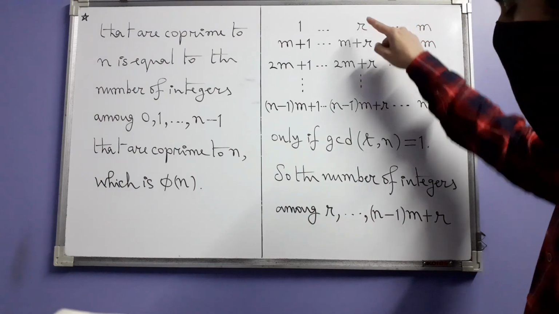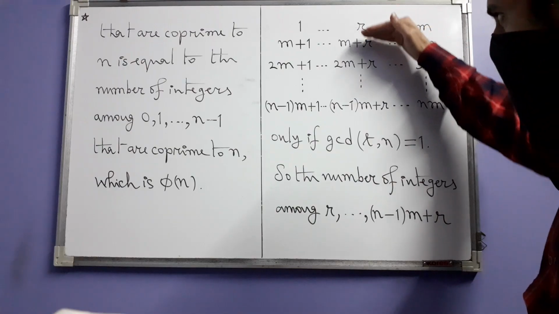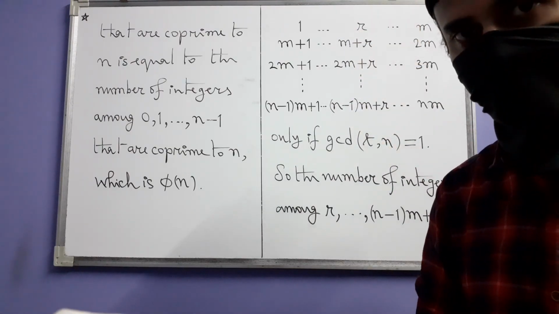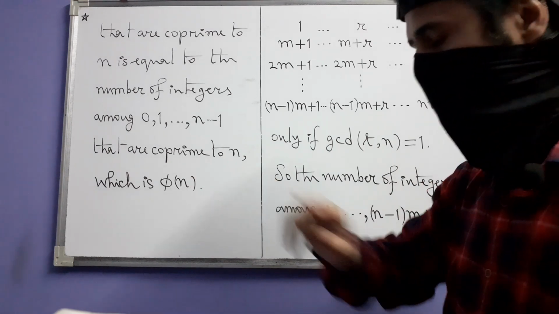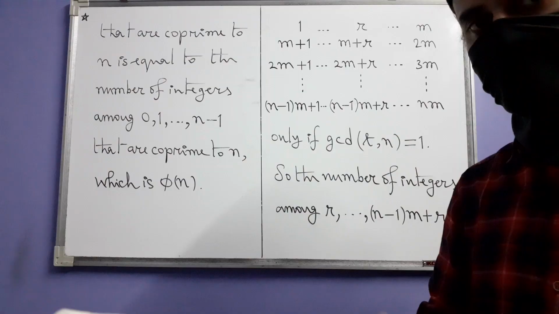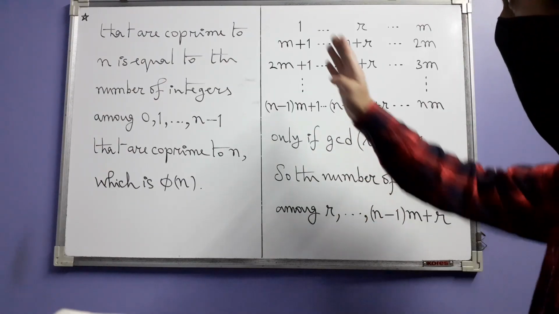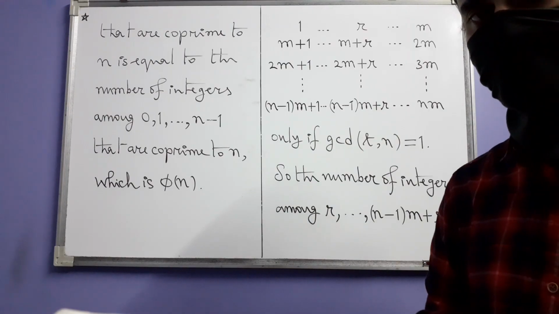If r is relatively prime to m, then all the numbers in this column will be relatively prime to m. But among them, exactly phi of n are simultaneously relatively prime or coprime to n. How many such columns are there where the numbers are relatively prime to m?